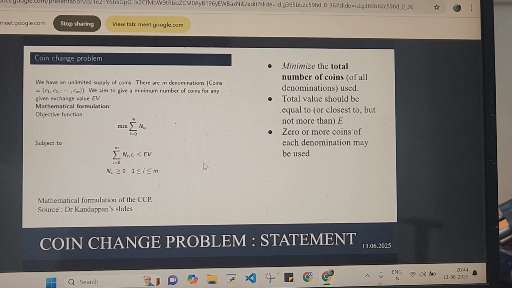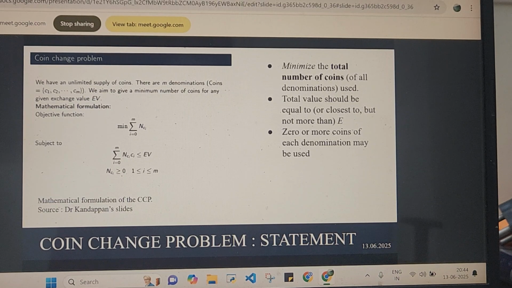So that is the explanation of the coin change problem, and I'll quickly clarify why this is a less than equal to and not an equal to, because ideally you want to make as many rupees as your exchange value, but supposing your denominations are not supportive of that. Let's say the denominations given to you are rupees 2, 4, 6 and I ask you for an exchange value of 21 rupees.